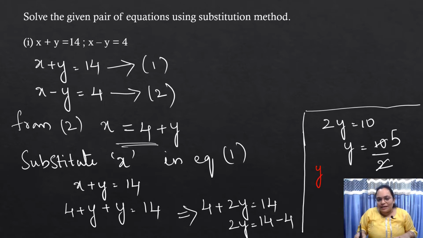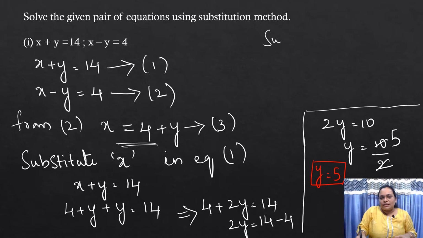You will get y = 5. When you get y = 5, we will substitute this in the second equation, or you can even substitute in the equation x = 4 + y. Let us take this equation as 3 so that you can easily do it.